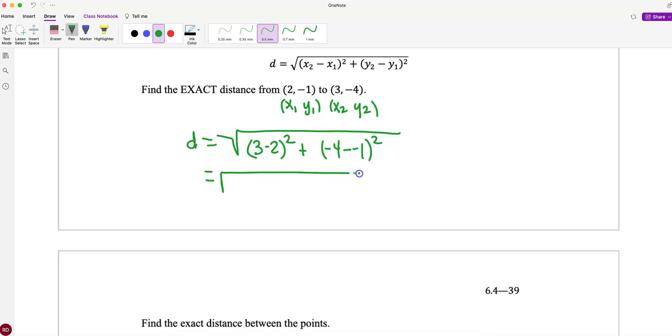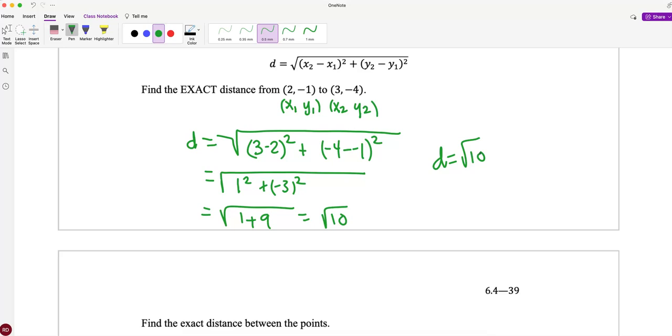So this is the square root of 3 minus 2, that's 1 squared, plus, and then this becomes what? Negative 3 squared. So this is the square root of 1 plus 9, which is the square root of 10. So the distance is the square root of 10.